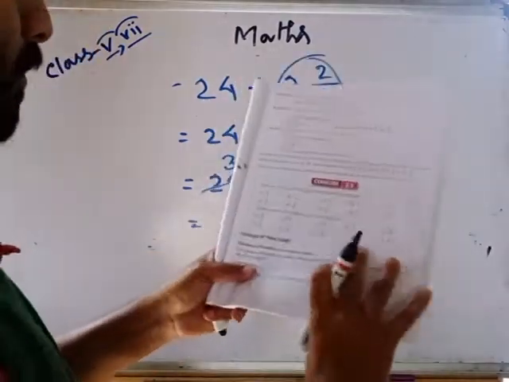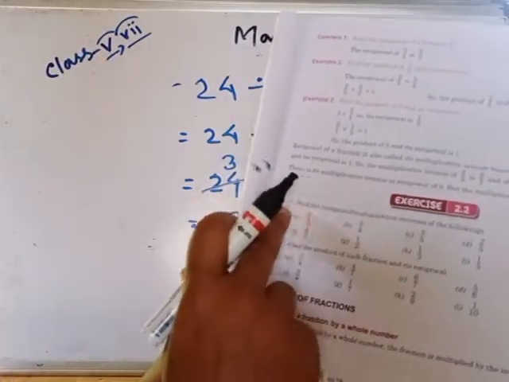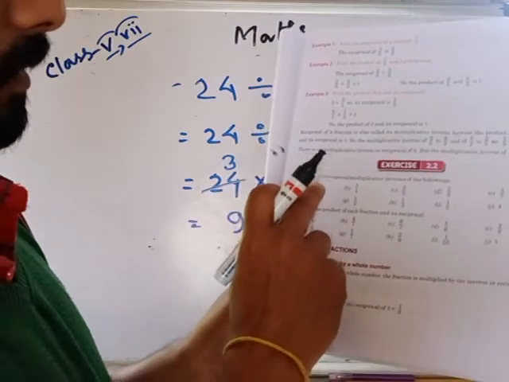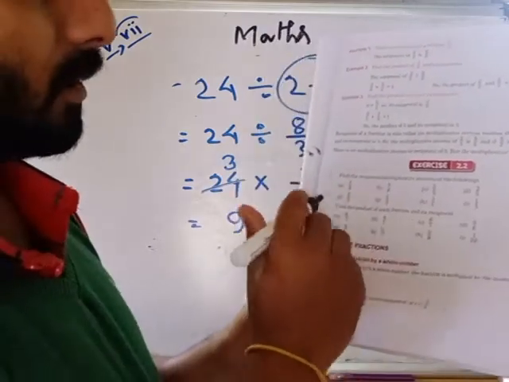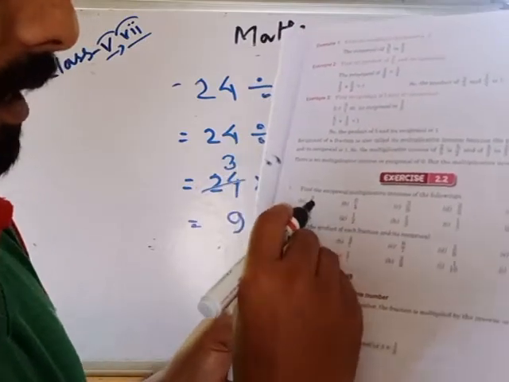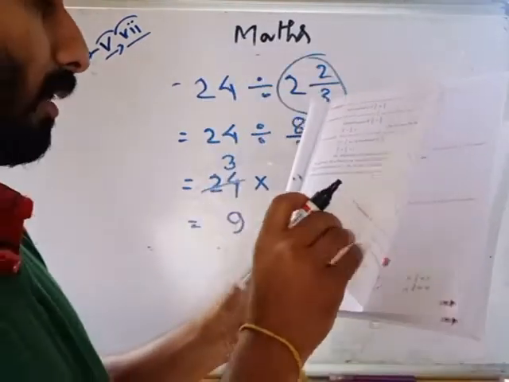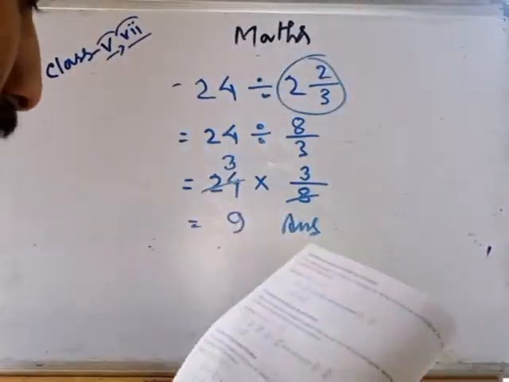Find out the reciprocal or multiplicative inverse of the following. If it is 2 by 3, we will convert it into 3 by 2. That means the numerator goes as a denominator and the denominator goes as a numerator. Division of fractions I already discussed and taught.